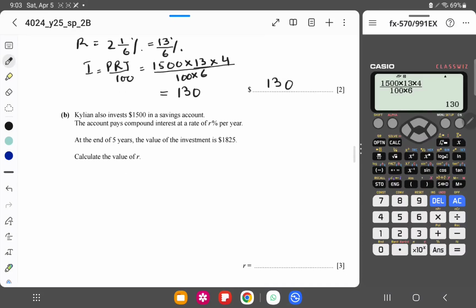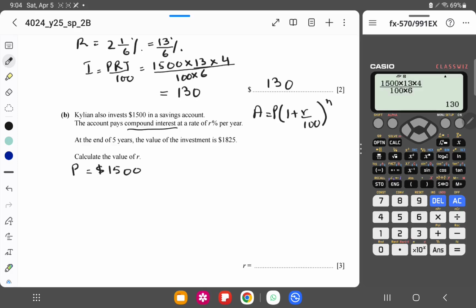Part B, Kellyan also invests 1500. Again the principal is 1500, in a savings account. The account pays compound interest. The formula for compound interest is amount equals P times 1 plus R over 100 to the power N, where N is the time.